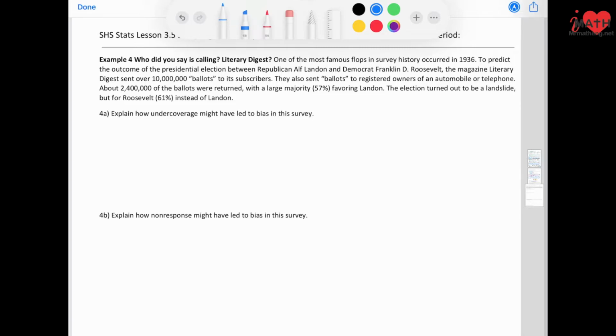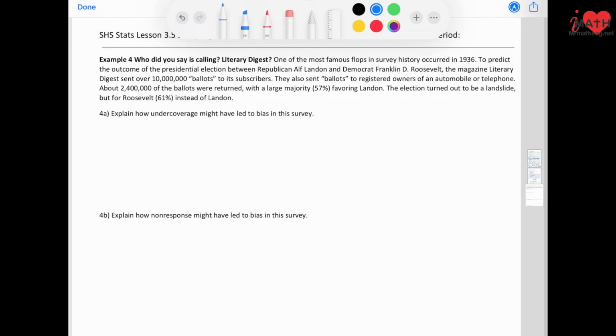They also sent ballots to registered owners of an automobile or telephone. About 2.4 million of the ballots were returned, with a large majority favoring Landon. The election turned out to be a landslide, but for Roosevelt instead of Landon. Explain how undercoverage might have led to the bias in the survey.